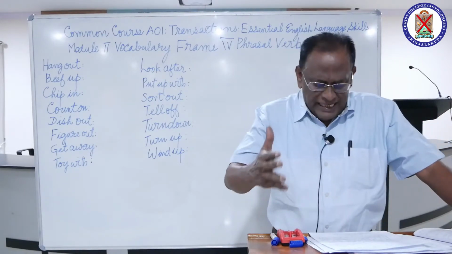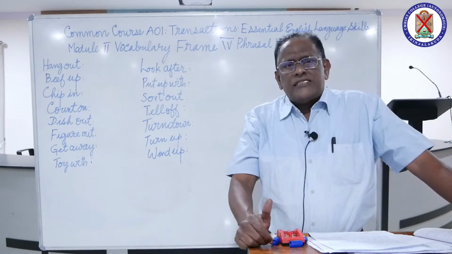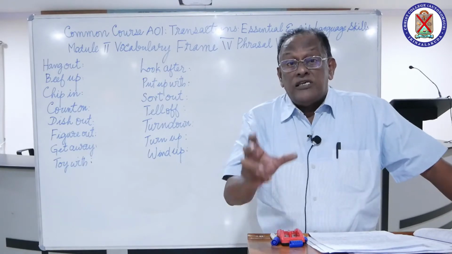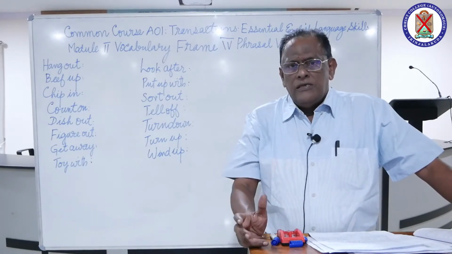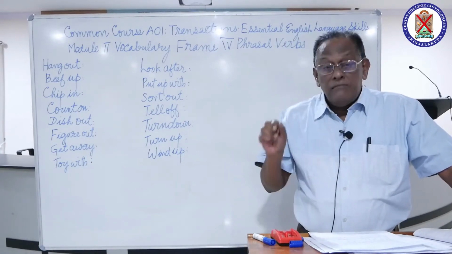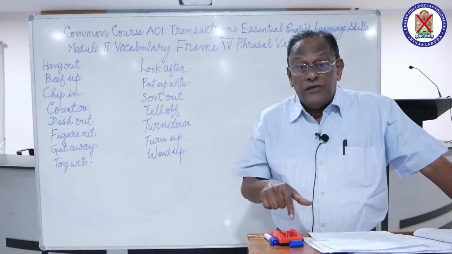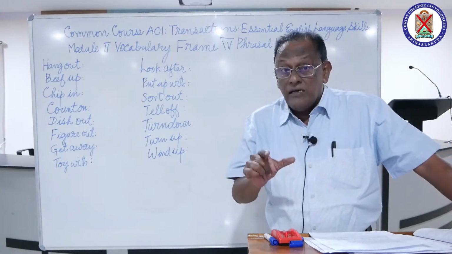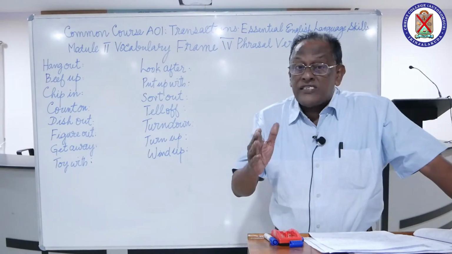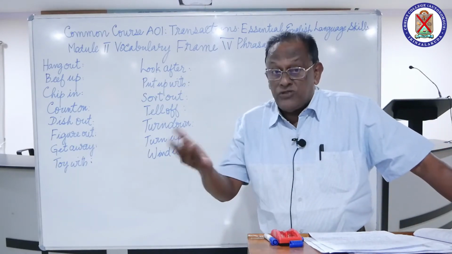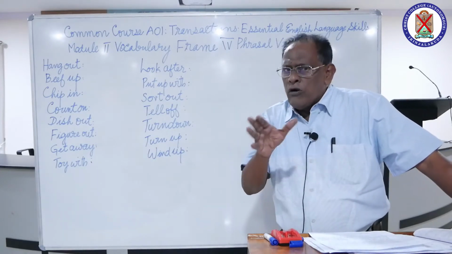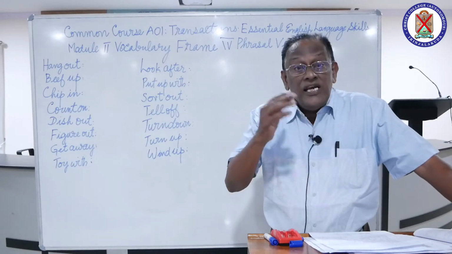Let us take up an example. Say, for example, you are familiar with the verb put, P-U-T, put. You know the meaning. I put the pen on the table. You understand the meaning of the verb I use, put. But when it is combined with some adverbs or particles or prepositions, the meaning we know about the normal verb put changes.